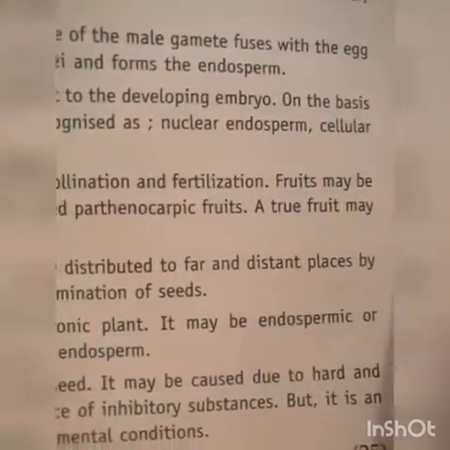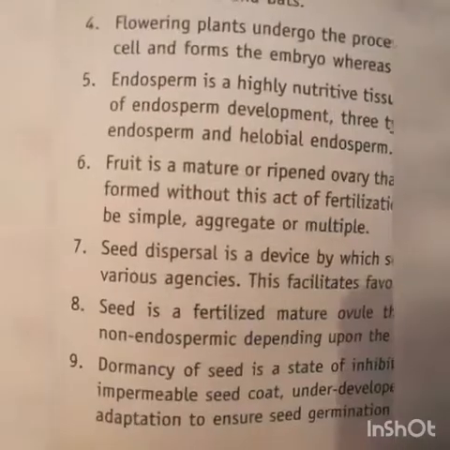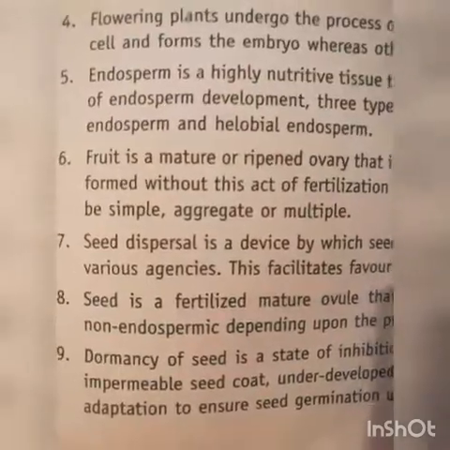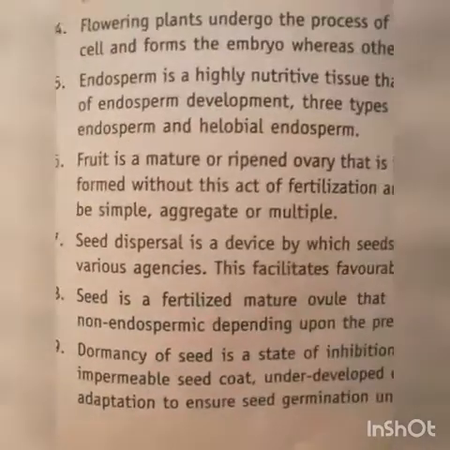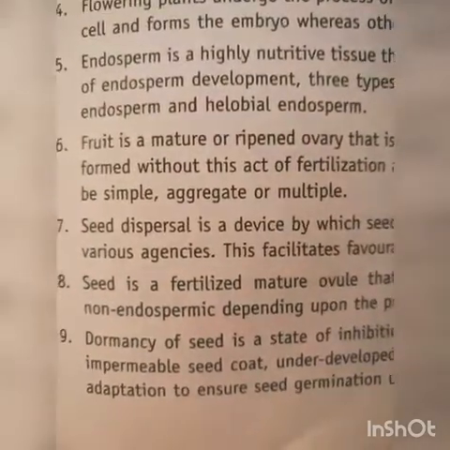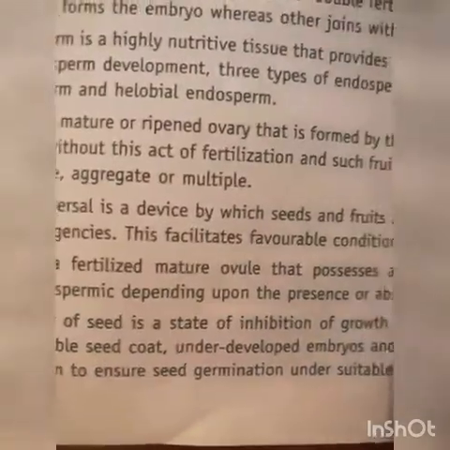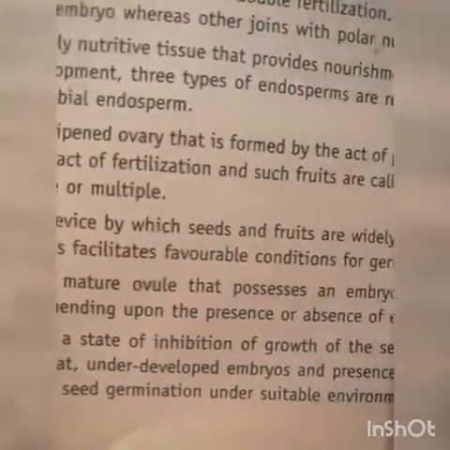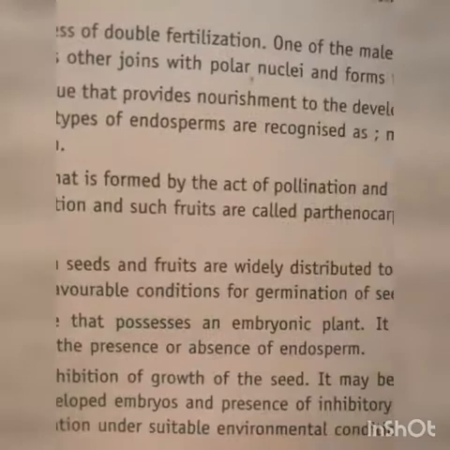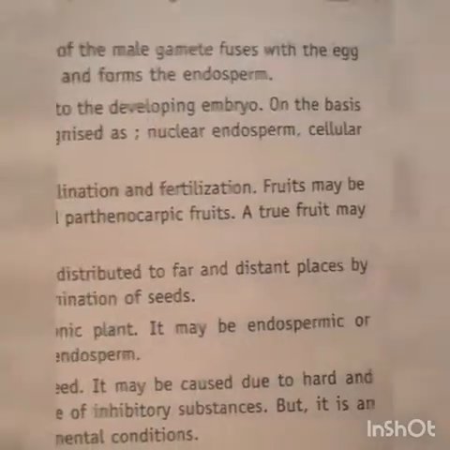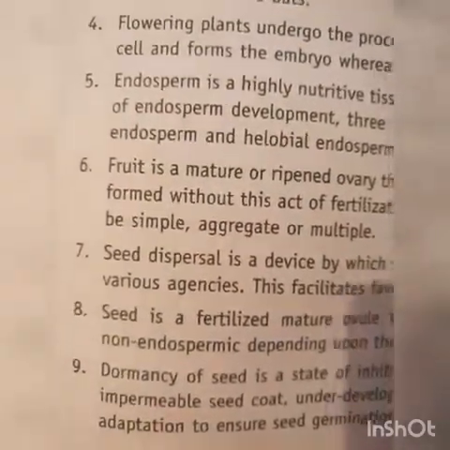A true fruit may be simple, aggregate, or multiple. Aggregate means bunch of fruits or group of fruits. Next, seed dispersal is a device by which seeds and fruits are widely distributed to far and distant places by various agencies.